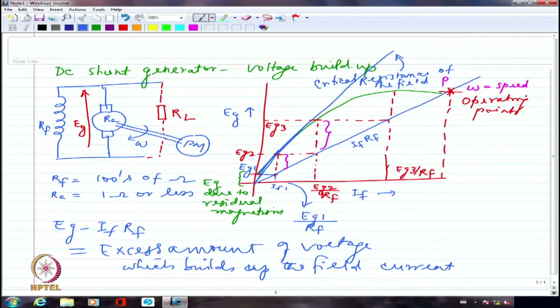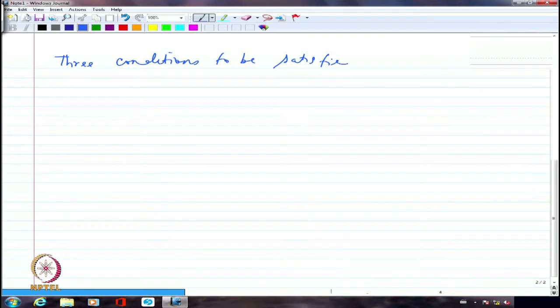So, I would say for the voltage build-up process, mainly 3 conditions need to be satisfied in a self-excited generator.